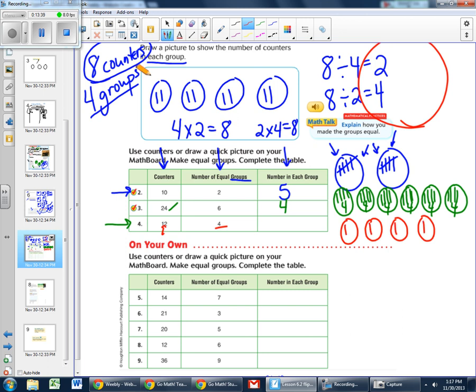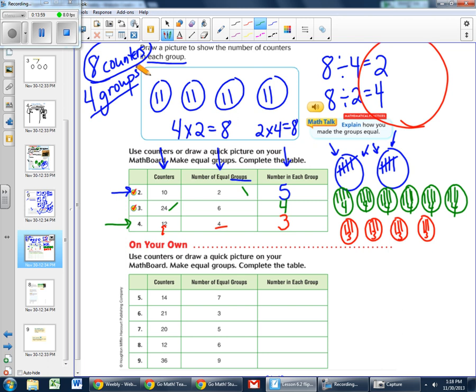2, 3, 4. So how many are in each group? Count these real fast, just to make sure I have the right numbers. And 3. Okay. To check these, we're going to really work on that.